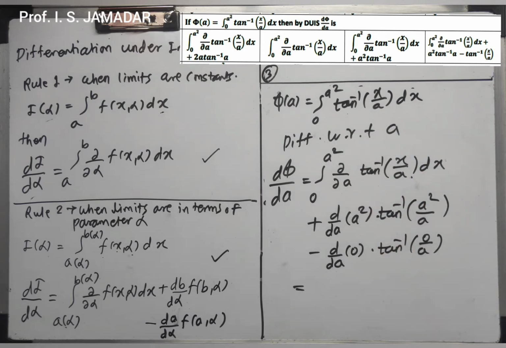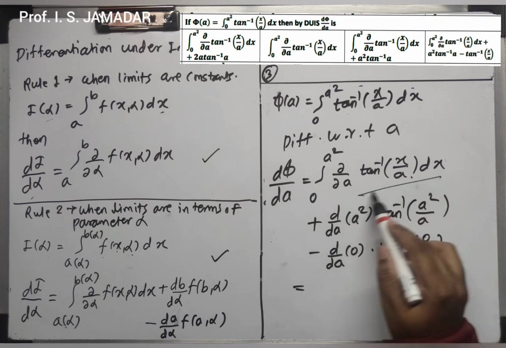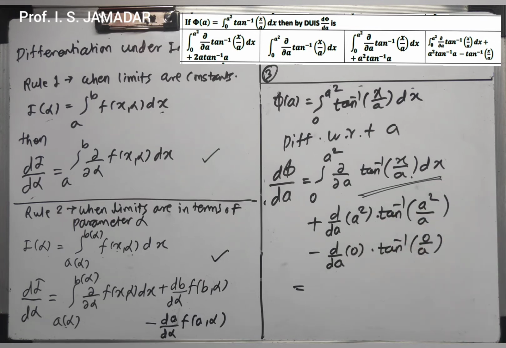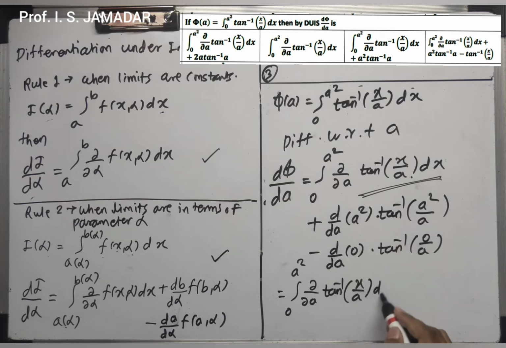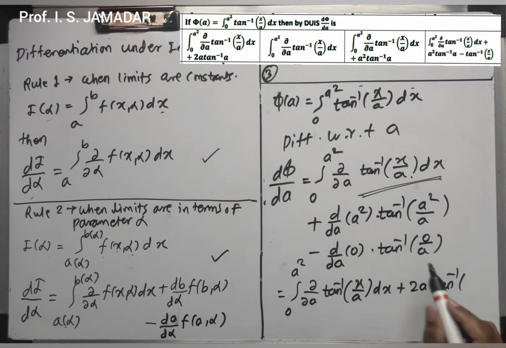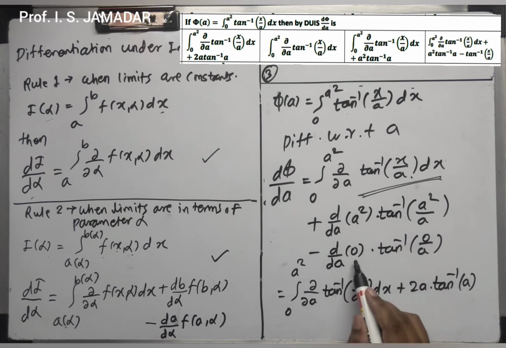So simplify it further. Also keep watching the options. As per the options we don't need to simplify this. This will be as it is. So integration 0 to a square del by del a of tan inverse of x upon a dx plus d by dA of a square, that is 2a into tan inverse of a square by a, which is a, plus this derivative is 0, means only these terms we have.